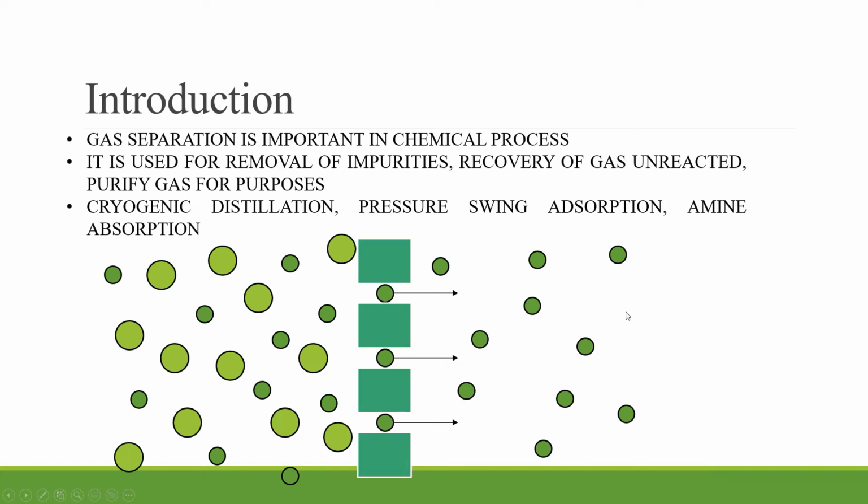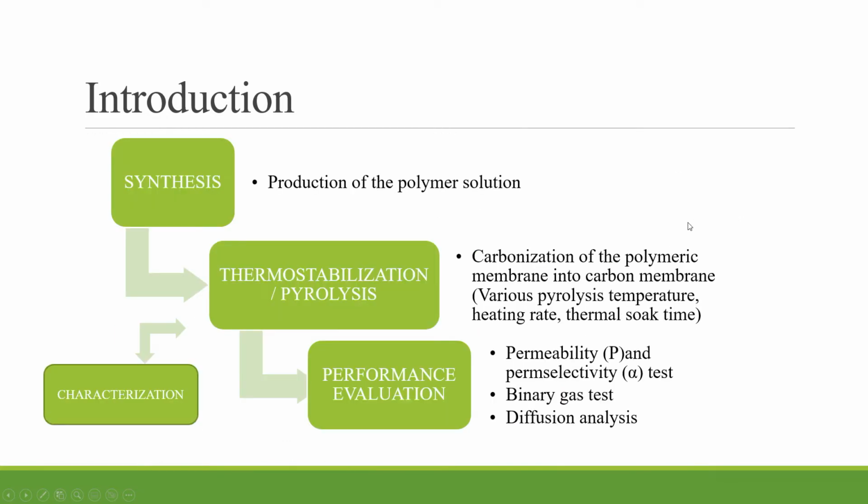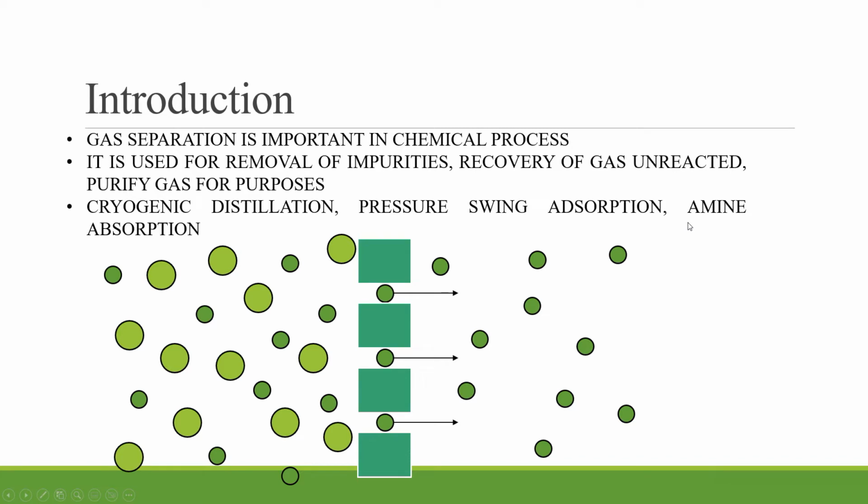So in my study, I produce carbon membranes. There are many types of membranes. A carbon membrane is a membrane that is made of carbon, like charcoal. Material-wise, it's like charcoal.